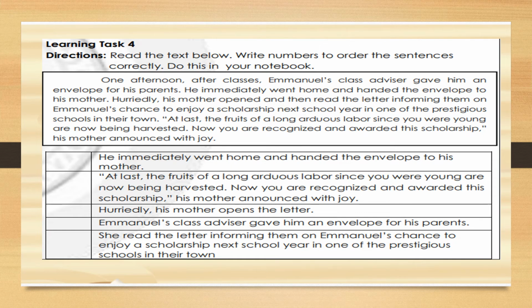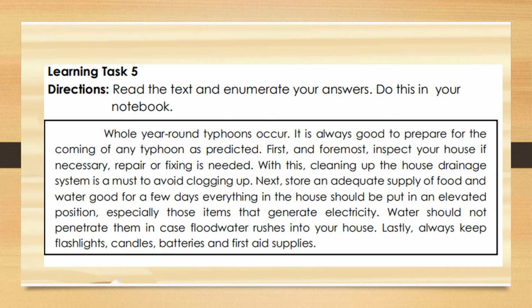For Learning Task 4, read the text below, write numbers to order the sentences correctly. Do this in your notebook. Learning Task 5, read the text and enumerate your answers. Again, do this in your notebook.